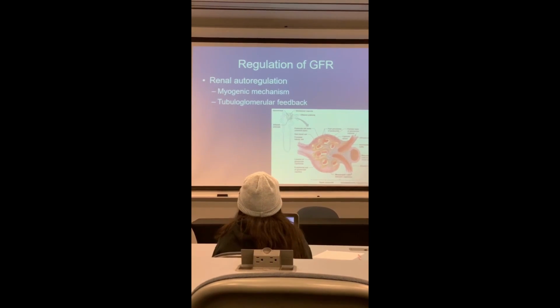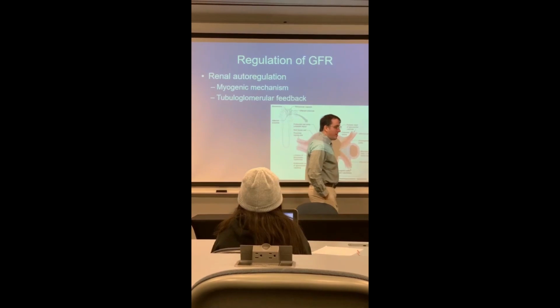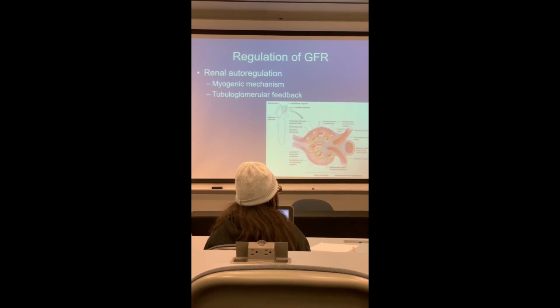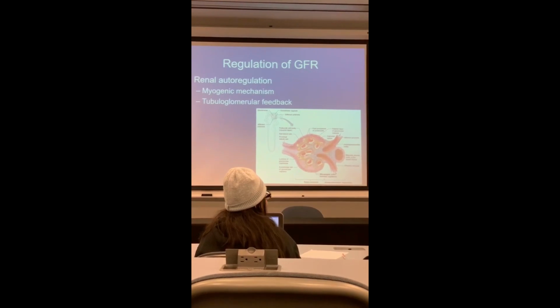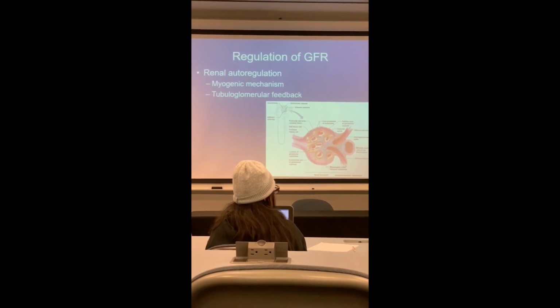Now there's two ways that we do this. One is familiar, it's the myogenic mechanism. This is something we talked about in the context of smooth muscle before. If you stretch smooth muscle, it tends to pull back. And this happens with the blood flow to the glomerulus as well.